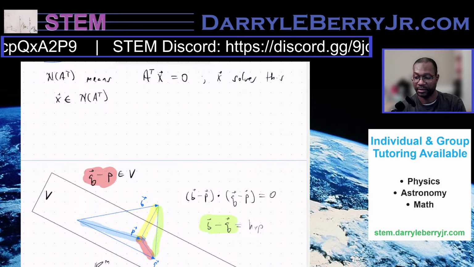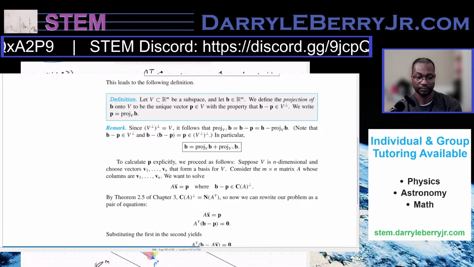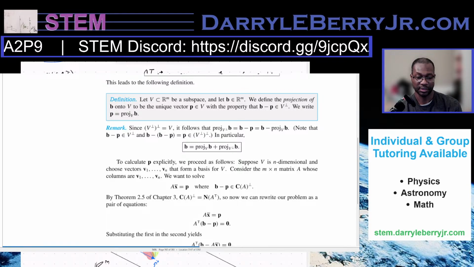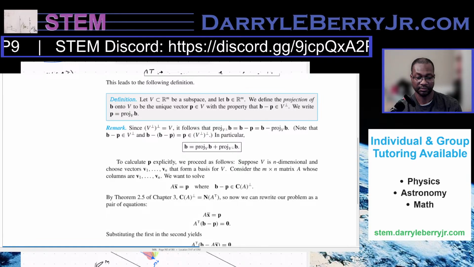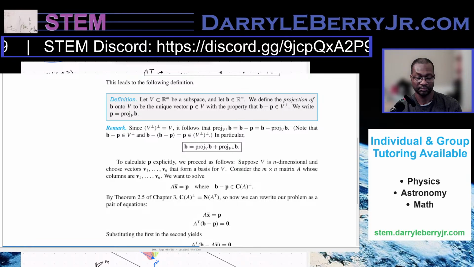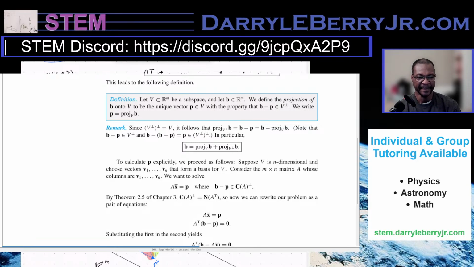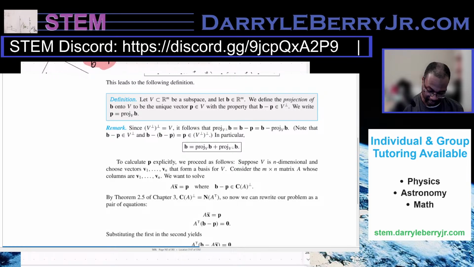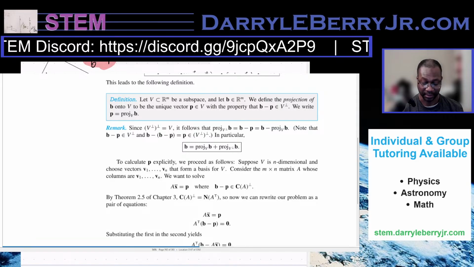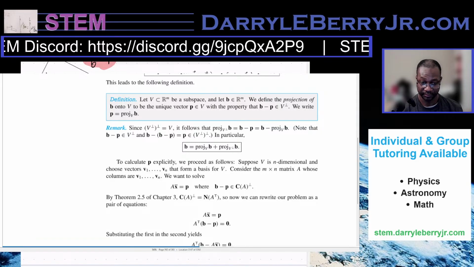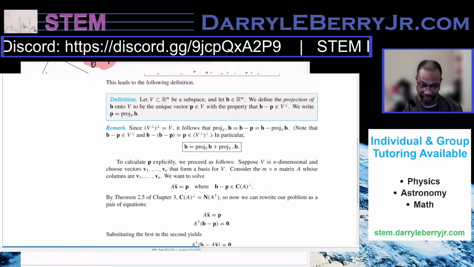Right. Looking at this page here, the null space of A transpose is the vectors that, times A transpose, equal 0. Okay, so the column space of A comes out of the page, and the null space of A transpose is the vectors times A transpose that equal 0.